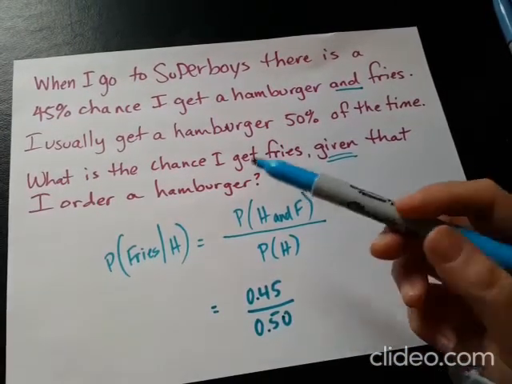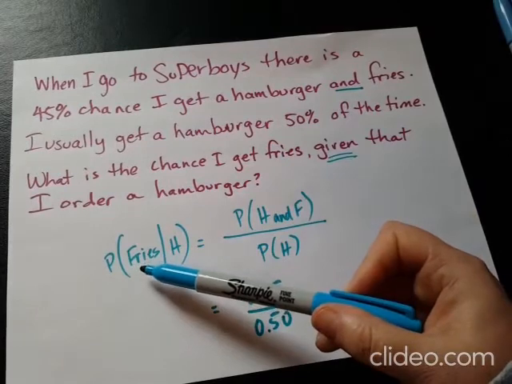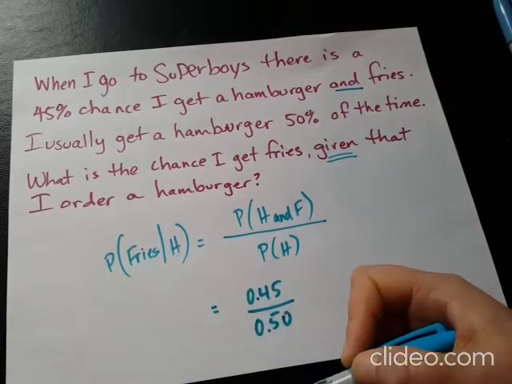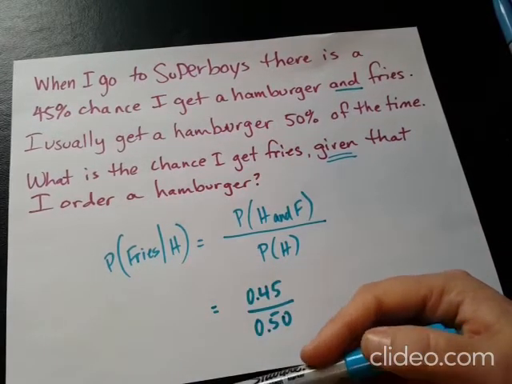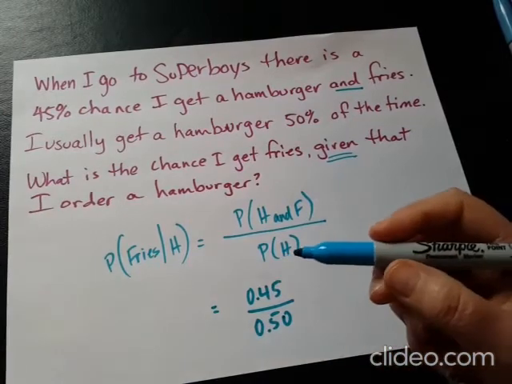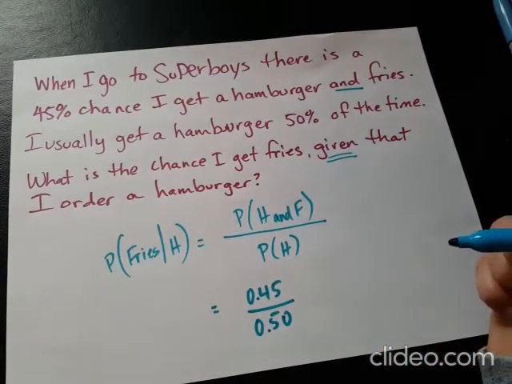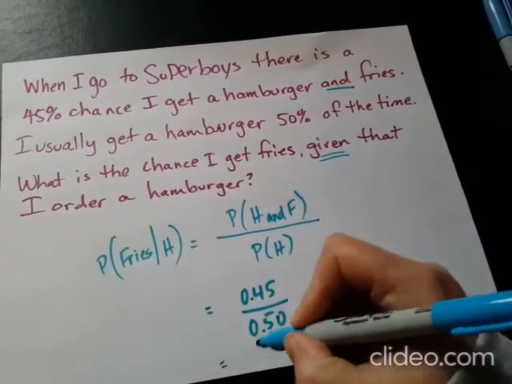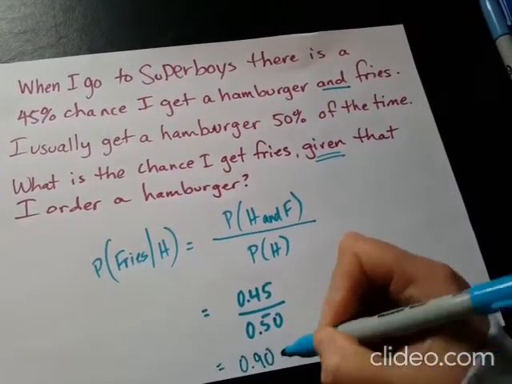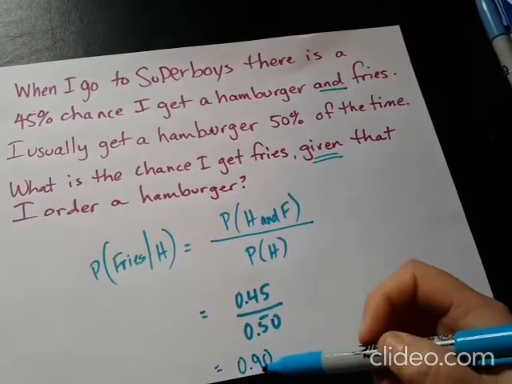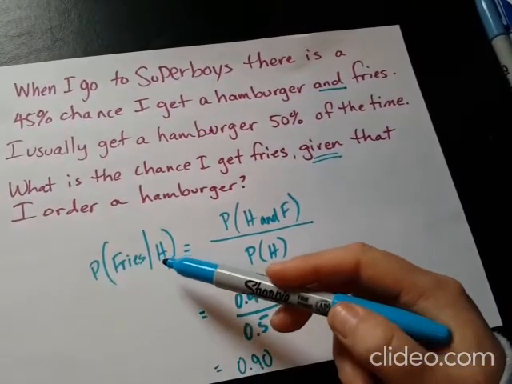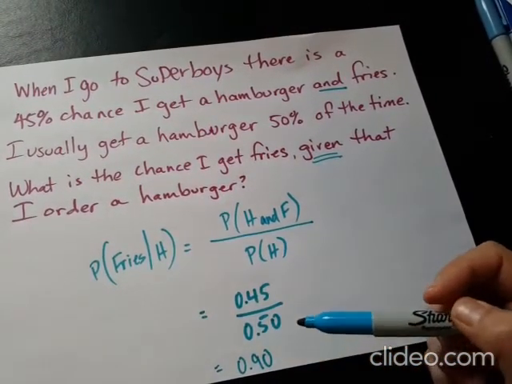So the question is, what's the chance that I'm ordering fries given that I've already ordered a hamburger? And it's probably pretty high, because as soon as I get that hamburger, then I'm going to want those fries to go along with it. So if we do that division, it's 0.90. So 90% of the time I'm getting fries given that I've ordered a hamburger already.